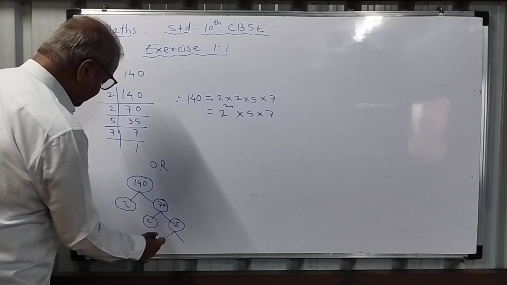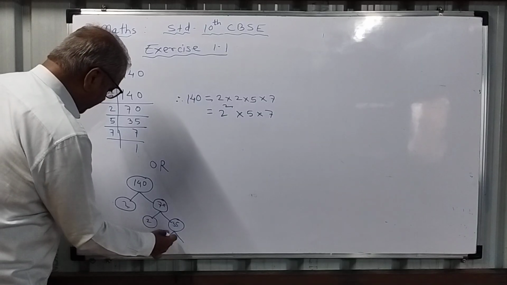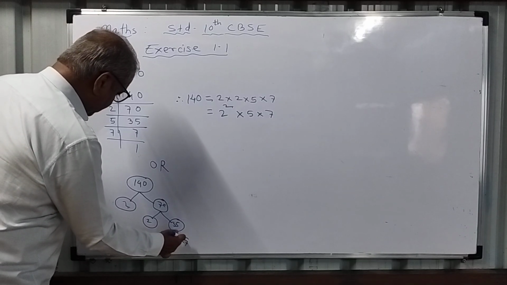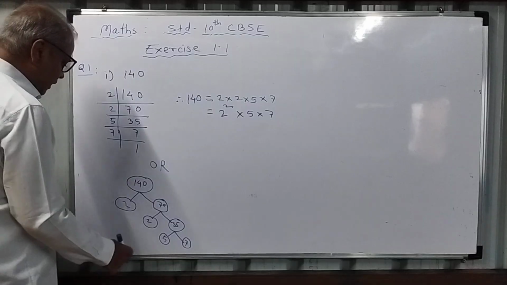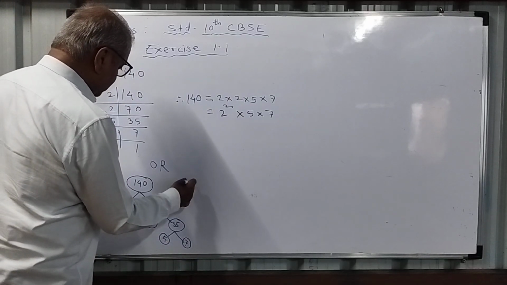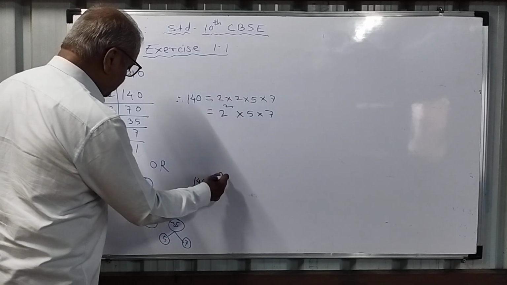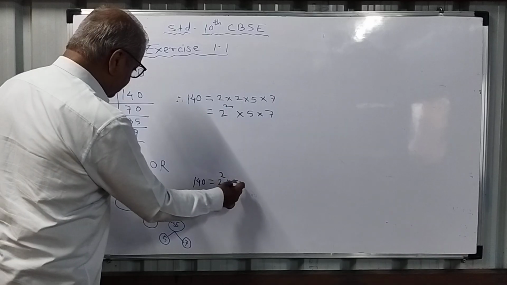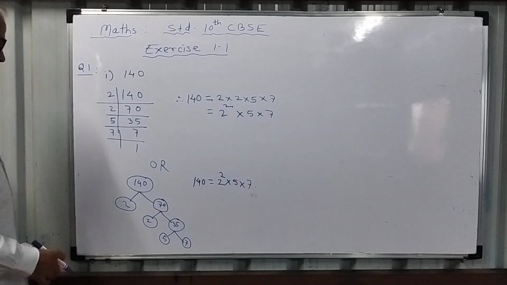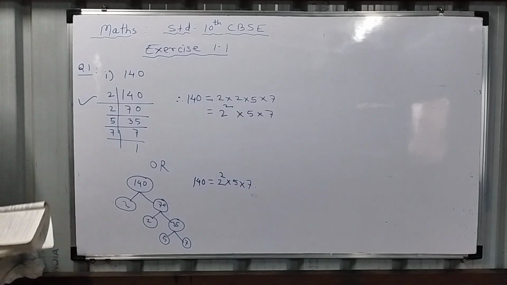Again this can be 5 into 7. Now this is 2 into 2 into 5 into 7. So 140 can be written as 2 raised to 2 into 5 into 7. So you can solve it either way, but this is the most convenient method.